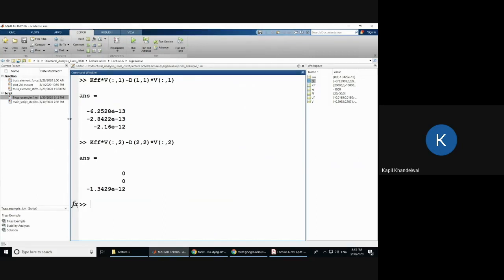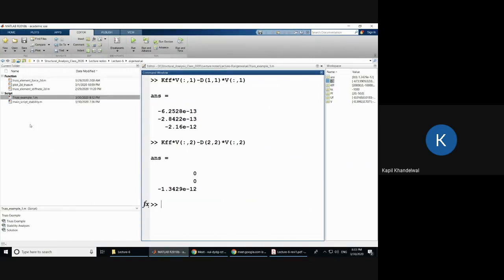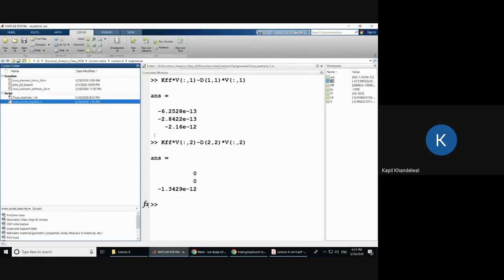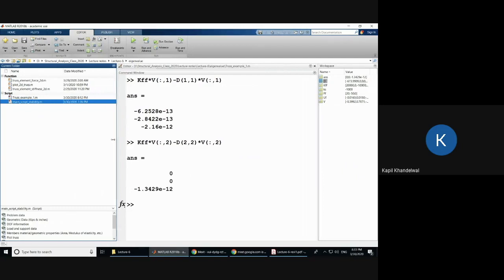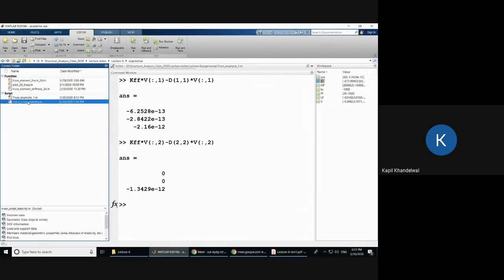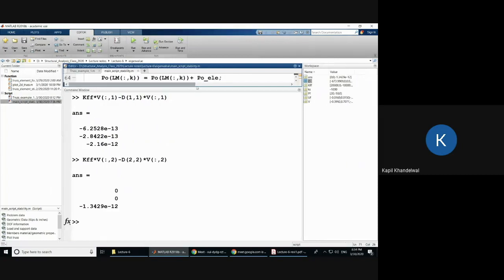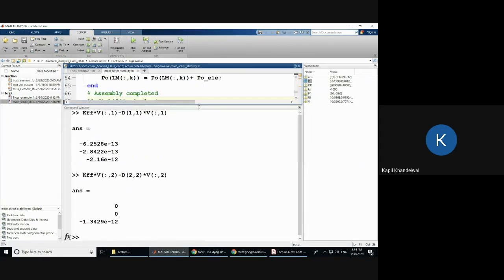In MATLAB, I'm going to provide you these files. The first three files are the function files. They are already provided to you and were used in the last lecture. But I have created two scripts. One is the truss example that we just went through, and this is the main script for stability. This is the script I will provide to you.